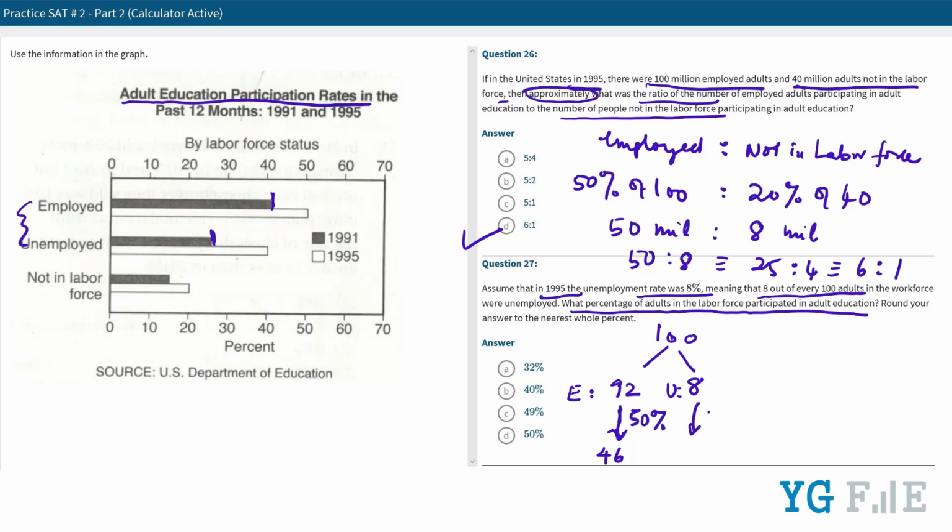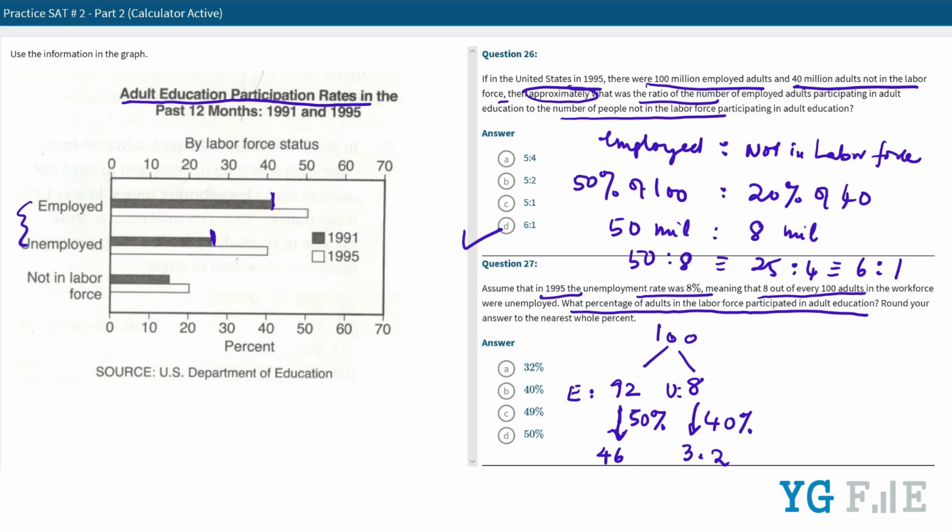So 40% of 8 people will be how much? It will be 3.2. That means out of the 92 people in the employed category, only 46 participate in adult education. Similarly, 40% of the 8 unemployed people, 3.2 people, participate in adult education.